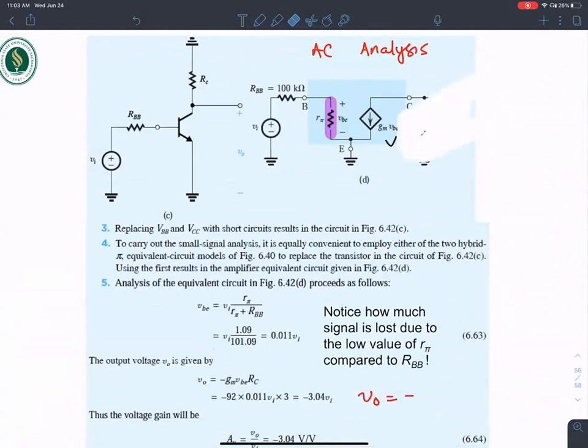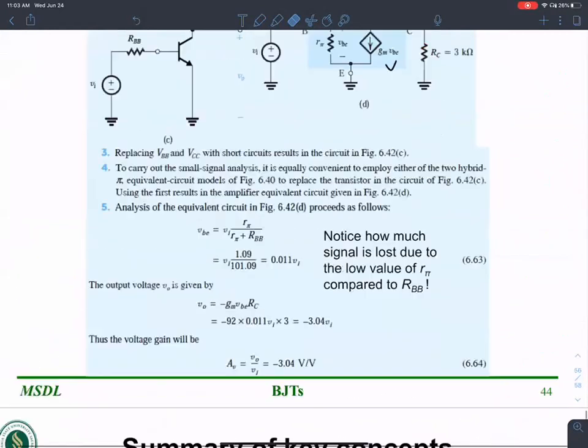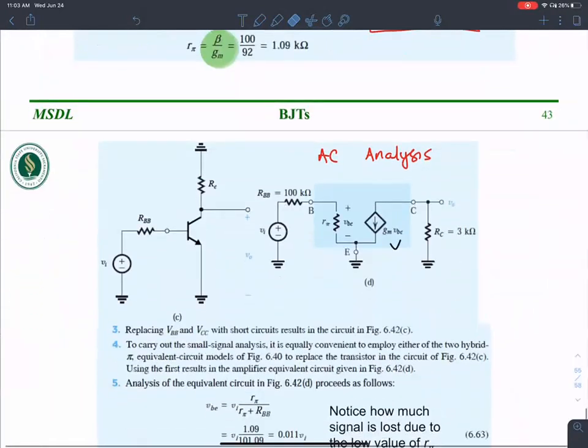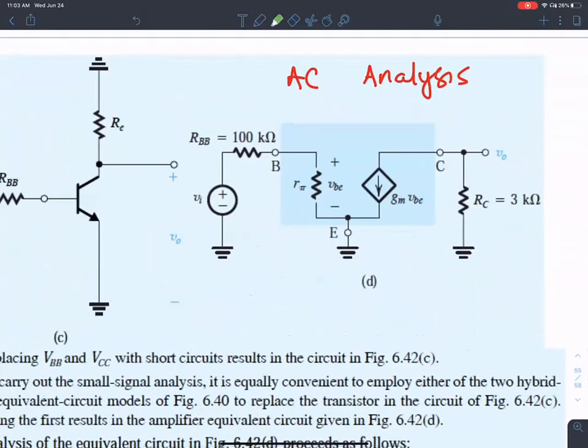Let me see if I can put it in a different perspective. We are familiar with this kind of problem. How would you find the overall gain when you have an intermediate gain stage?